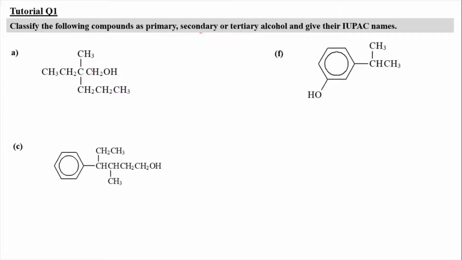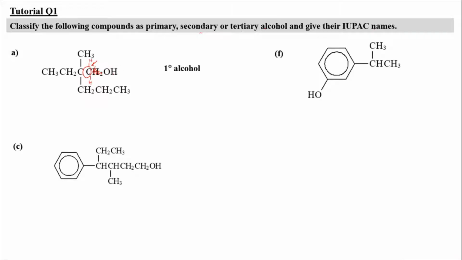So we need to look at the carbon that is attached to the OH group. Okay, so this carbon, if we were to expand the structure, it's going to be having H and H here. And this carbon going to be attaching with one big alkyl group here. So this carbon here going to be a primary alcohol.